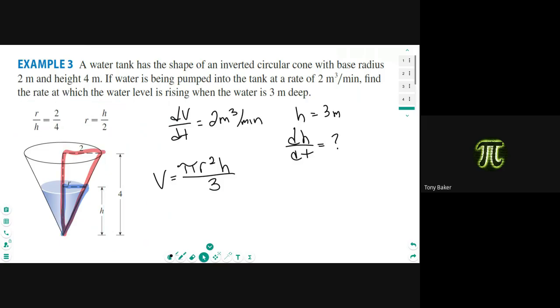Okay, so R over H equals 2 over 4, so that means R equals H over 2. So I can rewrite this problem now in terms of just height. I'm going to pull the 1/3 out so I don't have to deal with that part.